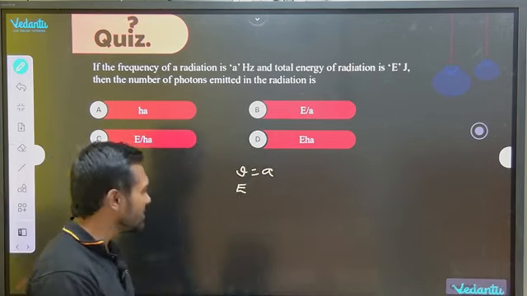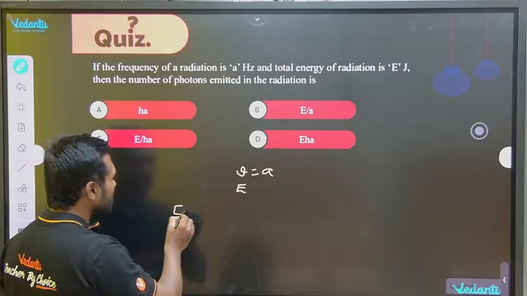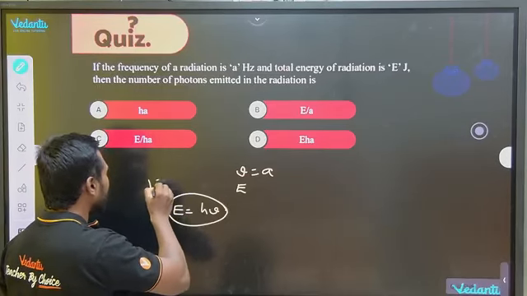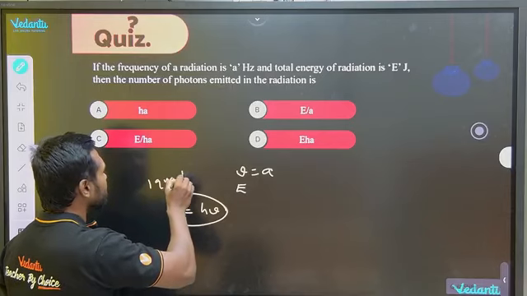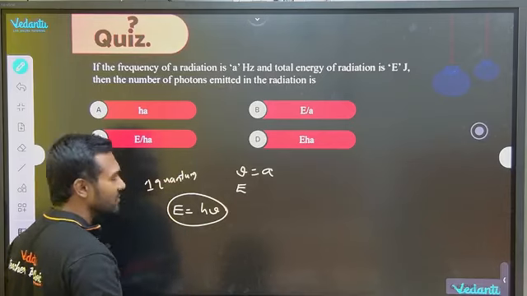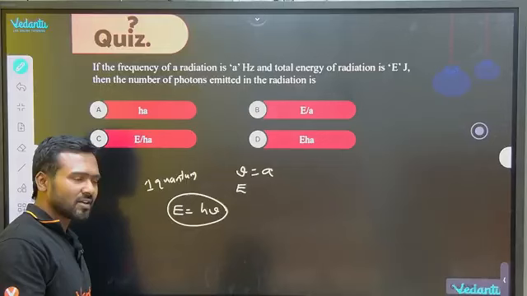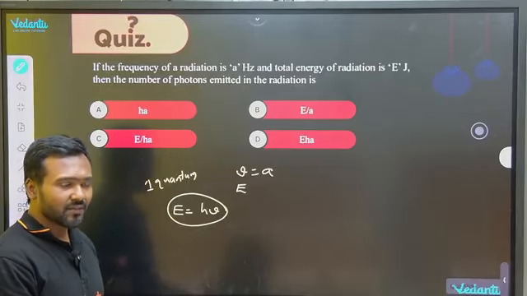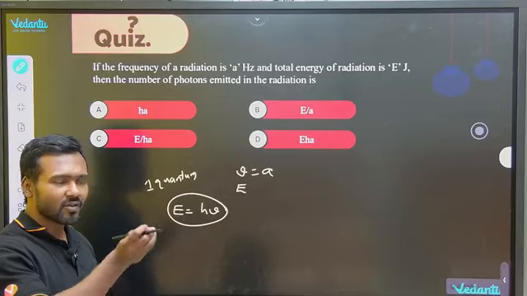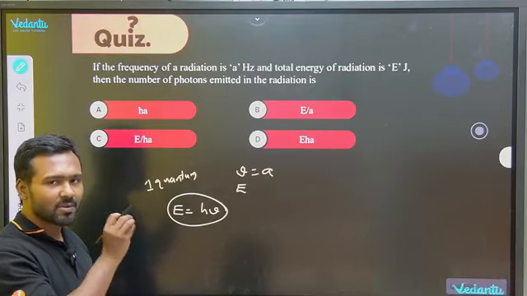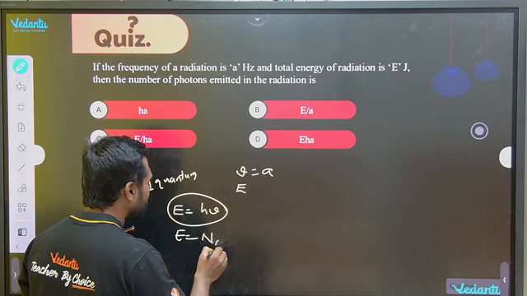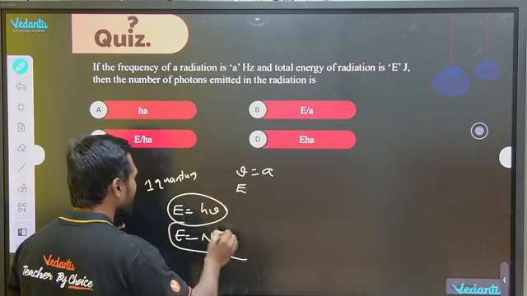See, E is equal to h nu. This is the energy of one quantum. If the energy of 2 quanta, then we'll get 2 h nu. If it is 3 quanta, 3 h nu. If it is Avogadro number of quanta, that is 1 mole, then E is equal to Na h nu. Right?